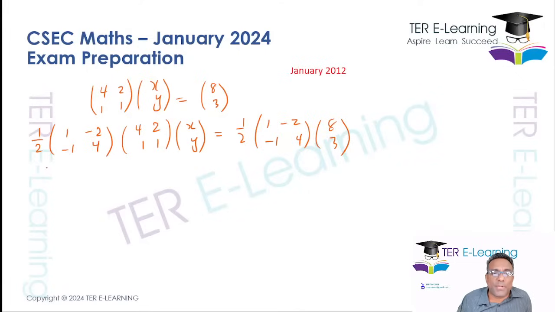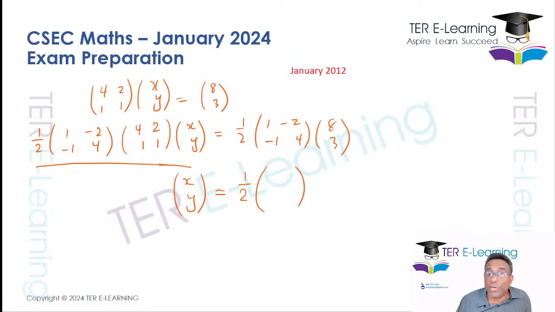When you multiply all of this on the left-hand side, it reduces to simply x, y. On the right-hand side, don't do anything with the half; leave the half right there. You multiply this matrix by this vector. 8 by 1 is 8, 8 minus 6 gives me 2.